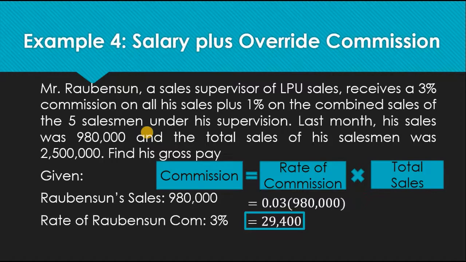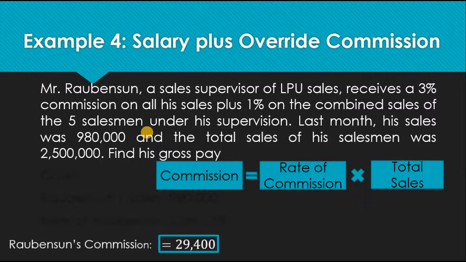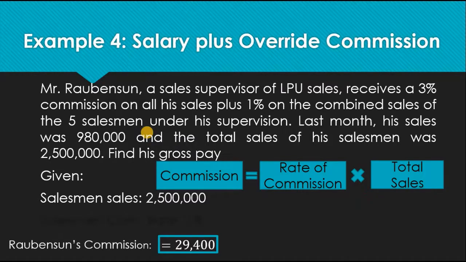Now, I'm done with Robinson's own sales. Let's proceed now to the sales of other salesmen under the supervision of Robinson. Again, $29,400 is Robinson's commission. Let's solve the commission from his other salesmen. Given that the salesmen's sales is $2,500,000 and Robinson will receive 1% from the sales of his salesmen.